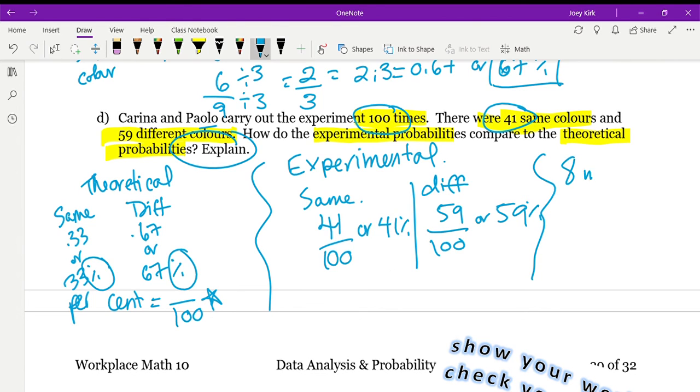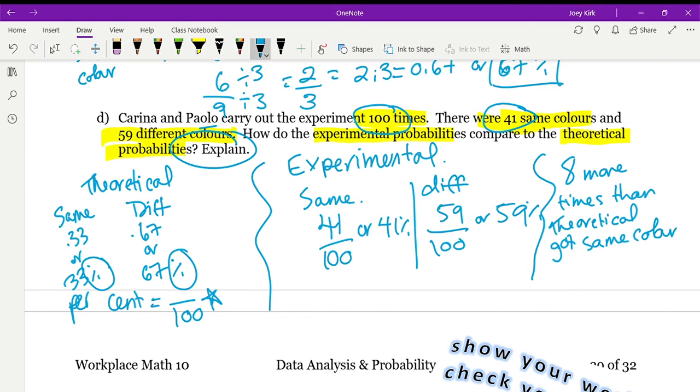Okay? So the most obvious thing to see is that they spun 8 more times than the theoretical probability they got the same color, right? Or you could say 8 less times than theoretical they got a different color.